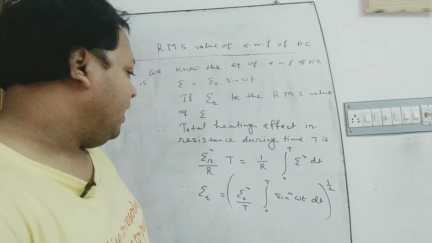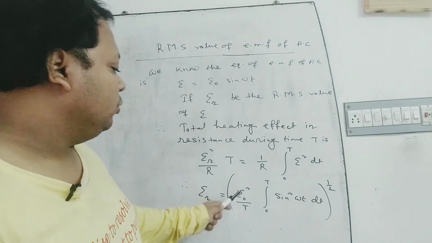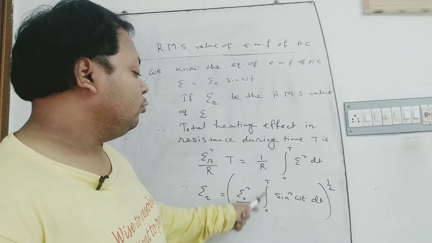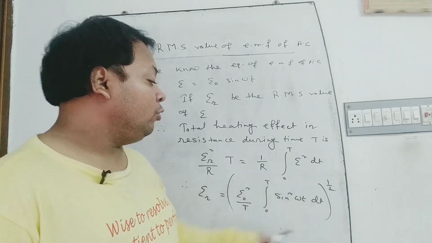That's why we can write that epsilon r is equal to epsilon 0 square by T integration of 0 to T sin square omega t, whole to the power half.